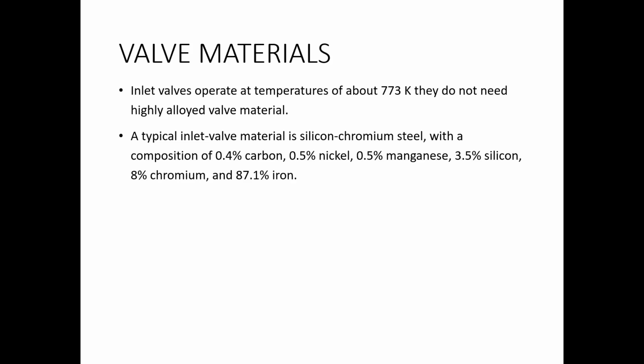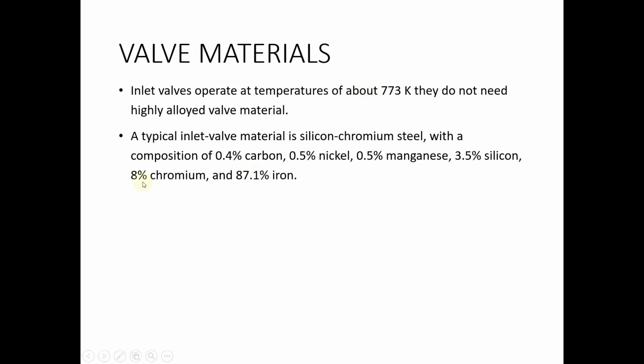And the inlet valves operate at 773 Kelvin, which is a low temperature because only a small temperature rise is observed at the inlet valve. Usually ambient temperature air or air fuel mixture is taken in, so there is no chance of high temperature occurring at the inlet valve.